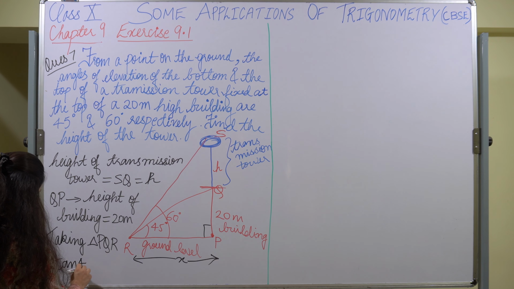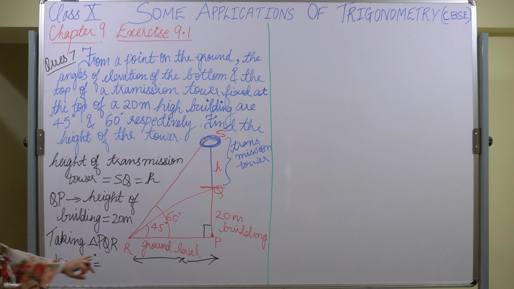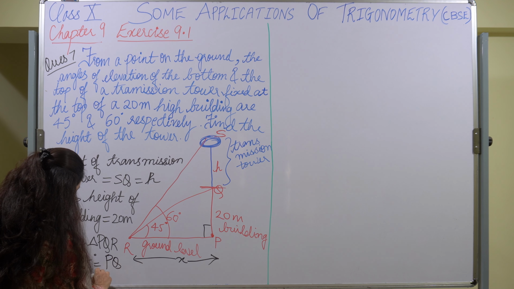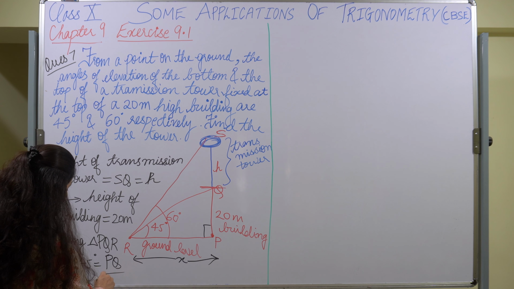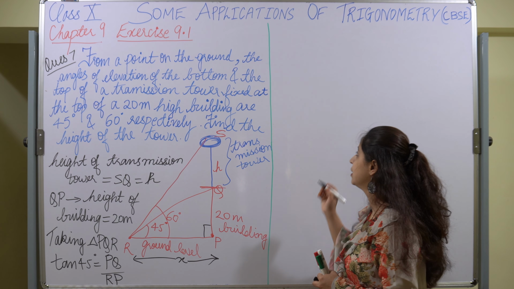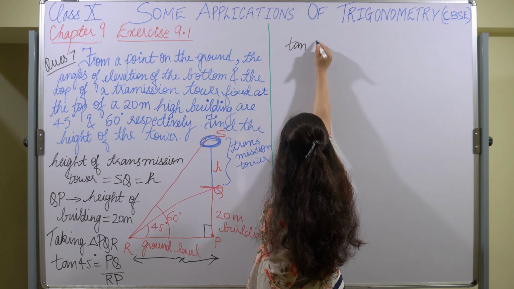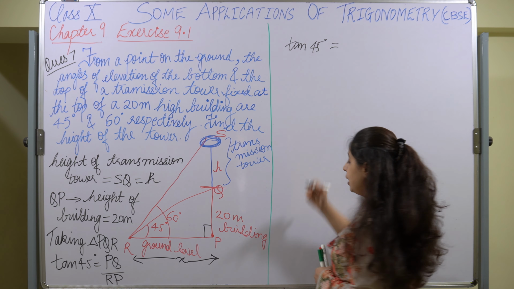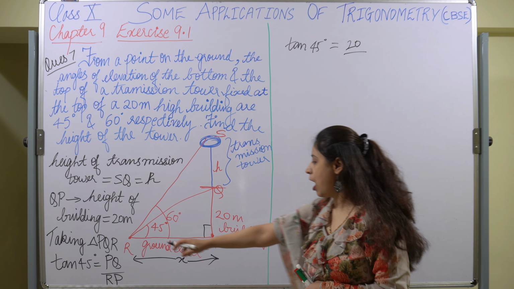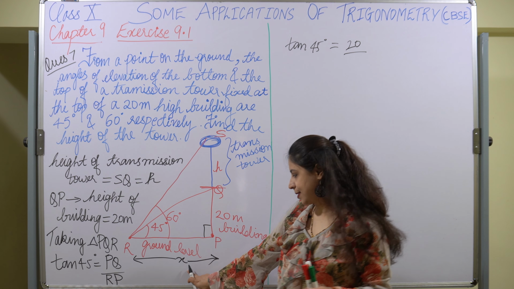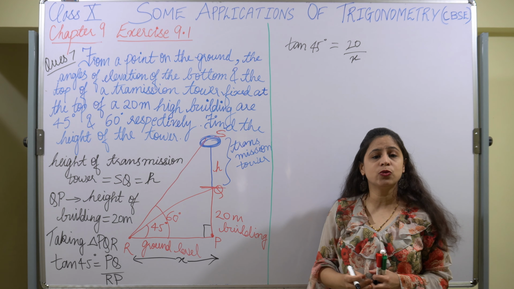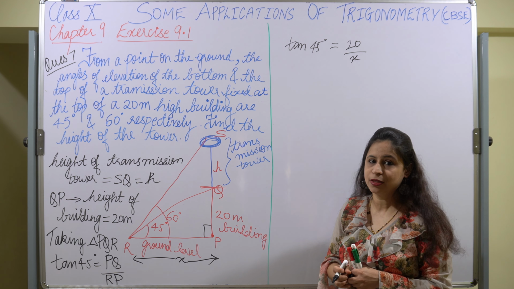So tan 45 degrees will be equal to perpendicular upon base. Perpendicular is PQ and base is RP. So tan 45 degrees will be equal to PQ, which is given as 20, and RP we have assumed to be X. We already know the value of tan 45 degrees is 1.